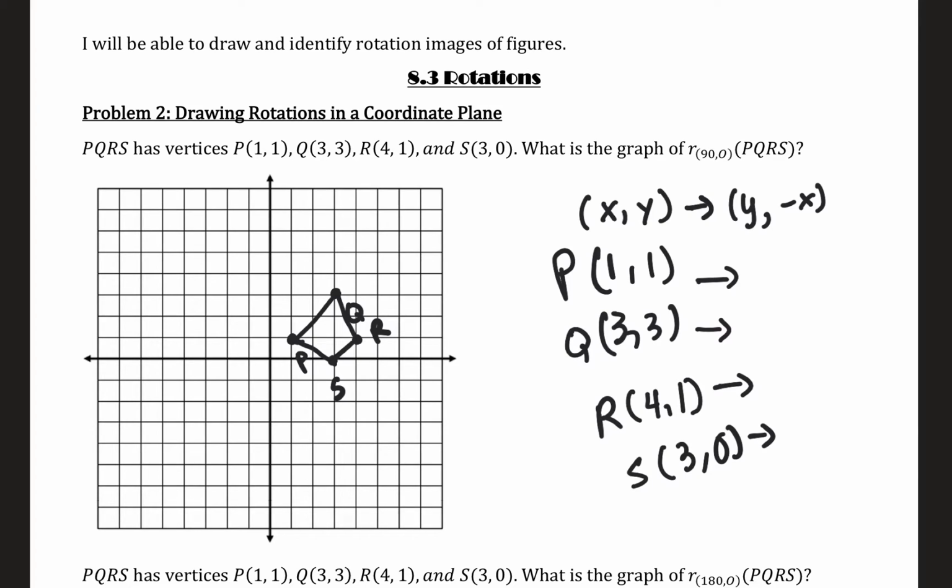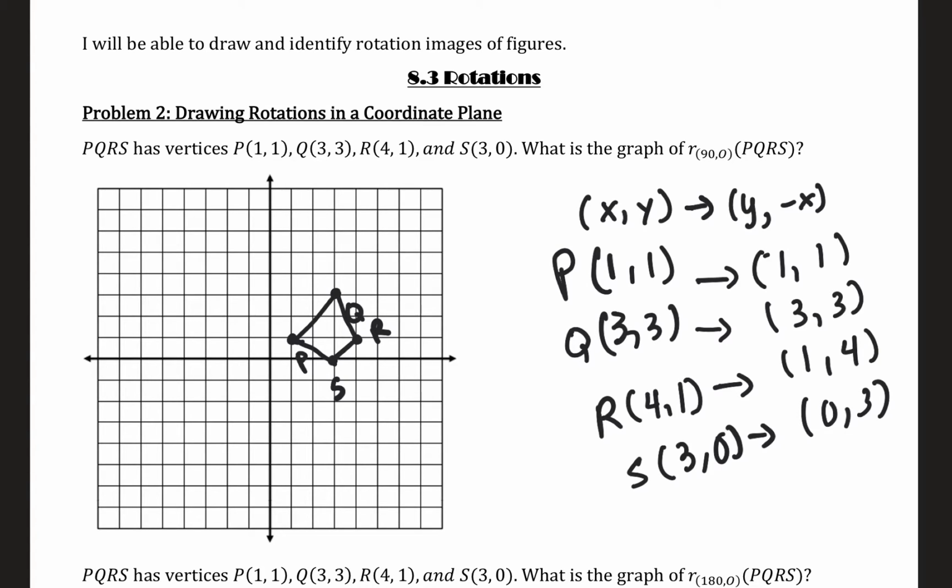So in this particular problem, we have PQRS has vertices 1, 1, 3, 3, 4, 1, and 3, 0. What is a graph of R, the rotation after 90 degrees? So you're going to switch 1, 1, 3, 3, 1, 4, 0, 3.